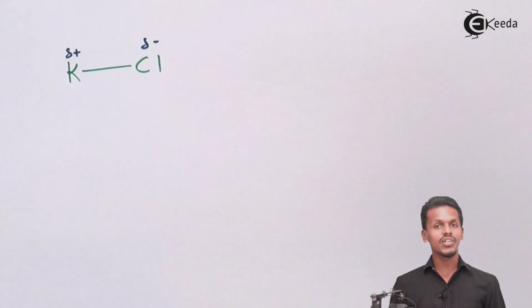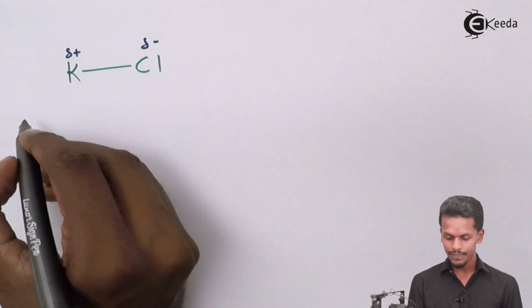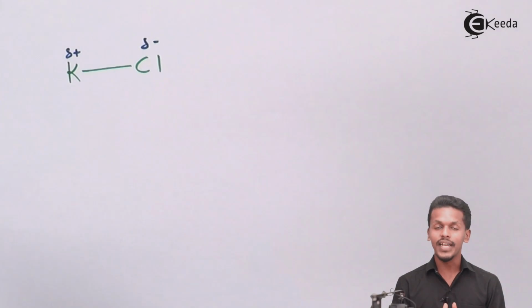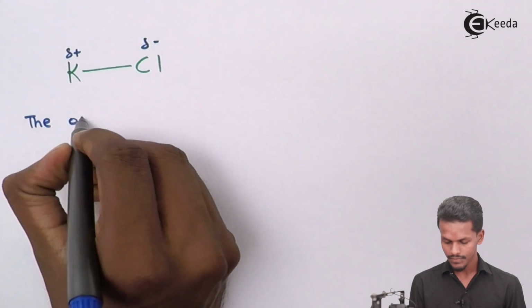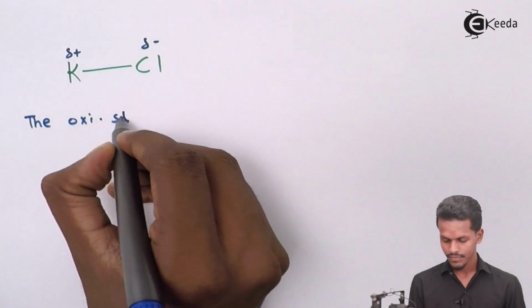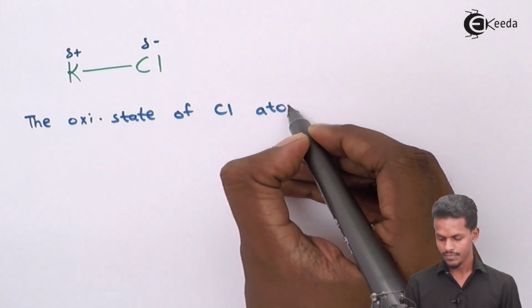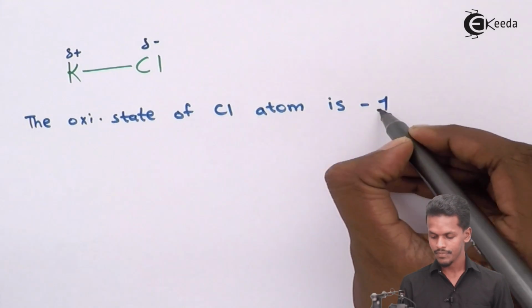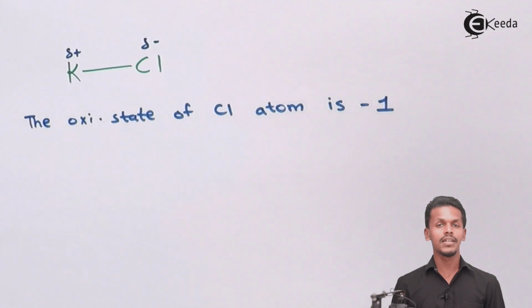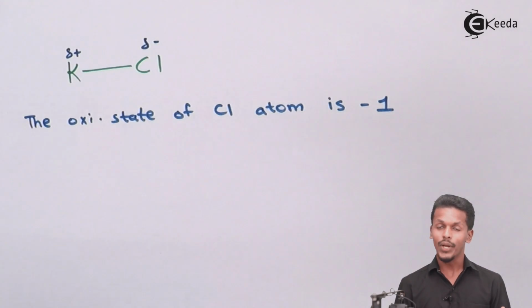This partially negative charge makes the oxidation state of the chlorine atom in this molecule -1.